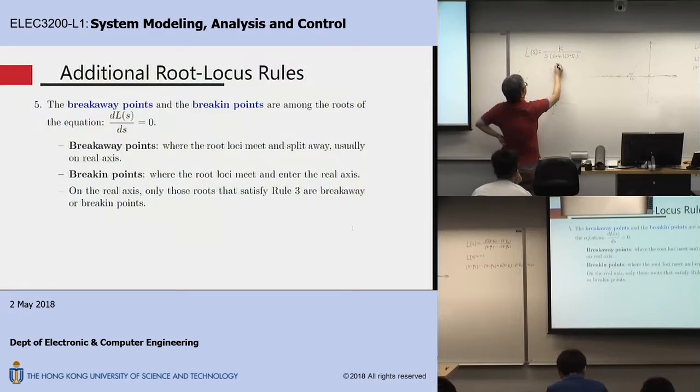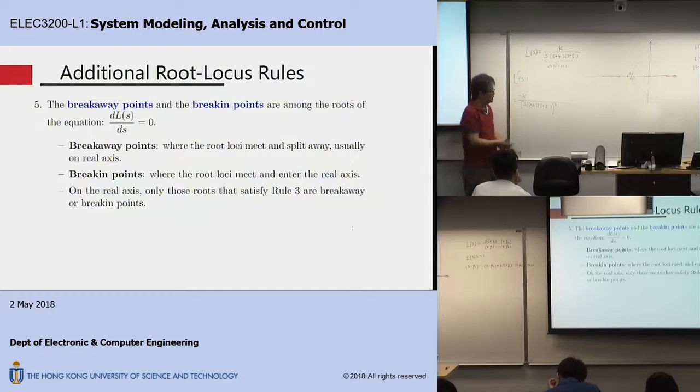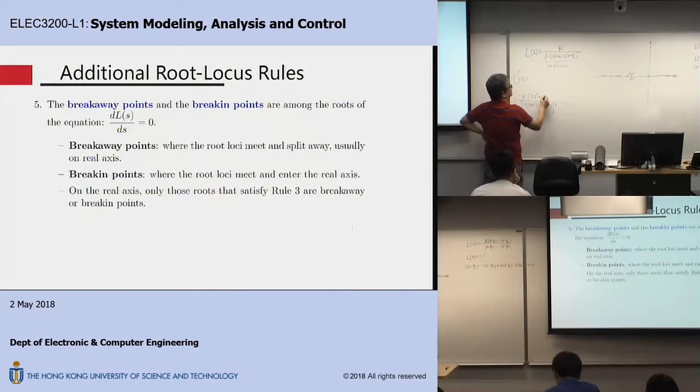If you want to write this in polynomial form, it's s cubed plus 9s squared plus 20s. Yeah, this thing is equal to this, right? Now, if I want to take the derivative of this, what do I get? It's 3s squared plus 18s plus 20.